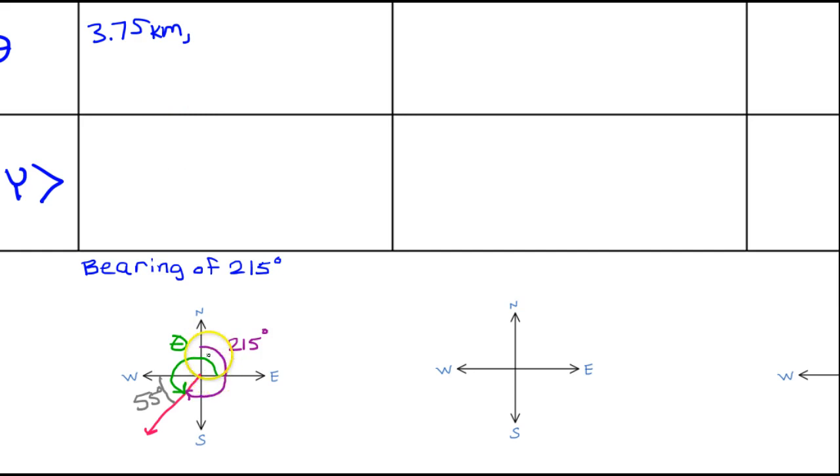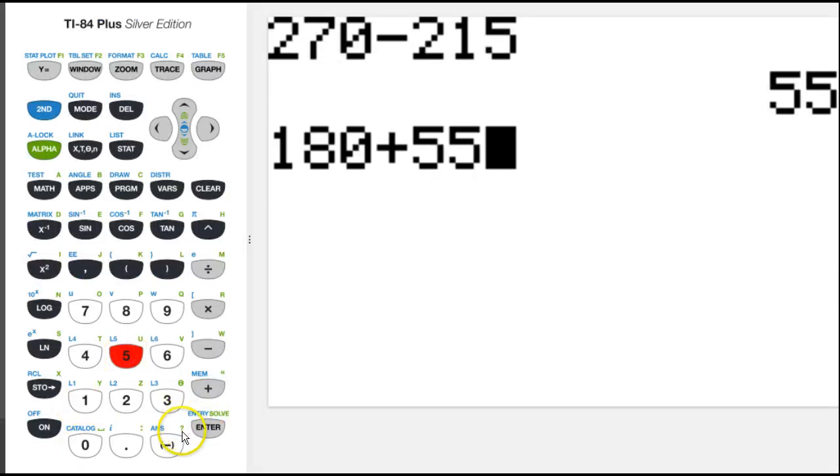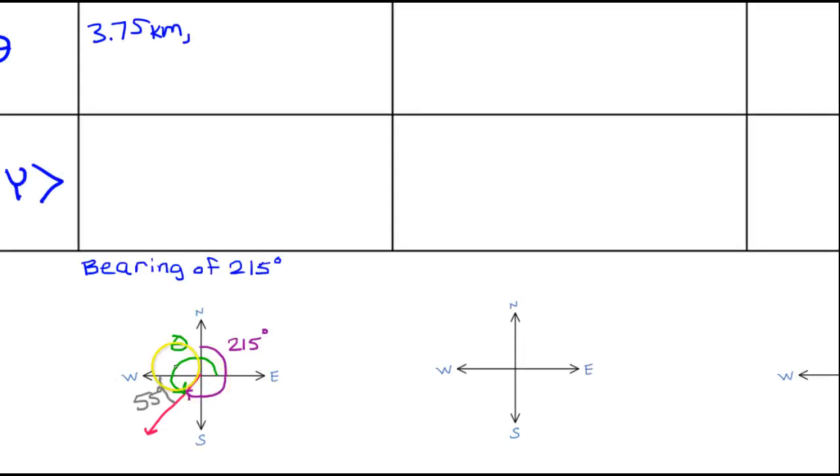Now look back at the green angle theta that I'm trying to calculate. As I arrive at west, that's 180 degrees so far, so it's going to be 180 degrees plus the extra 55 degrees of the reference angle. 180 plus 55, that's 235 degrees.